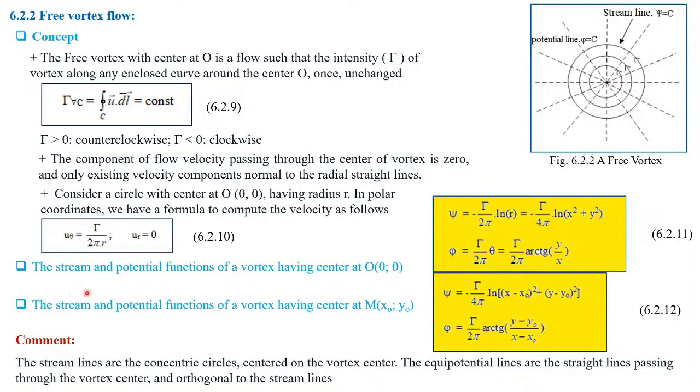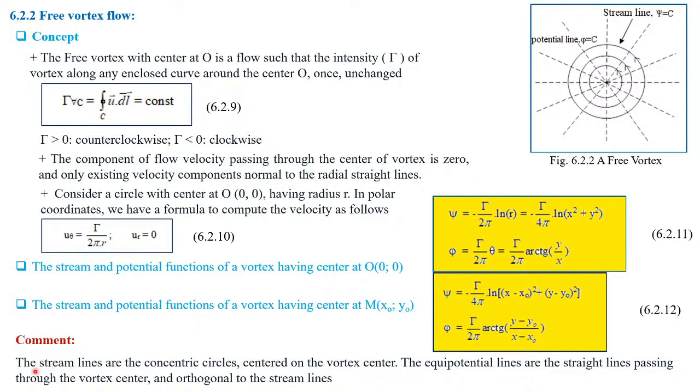And now we consider the stream and potential function of a vortex having a center at M. In this case, we considered the center of the vortex at O. Now, if the center of the vortex is at M, x0, y0, any location different from O, we can use this formula to calculate phi and psi like this in the Cartesian coordinate system.